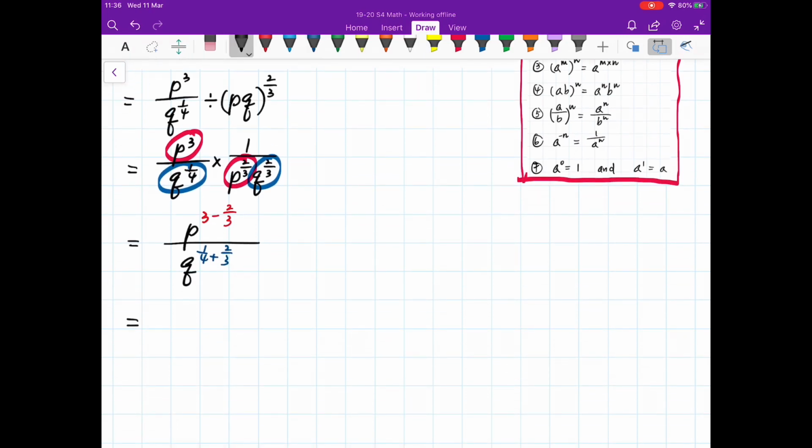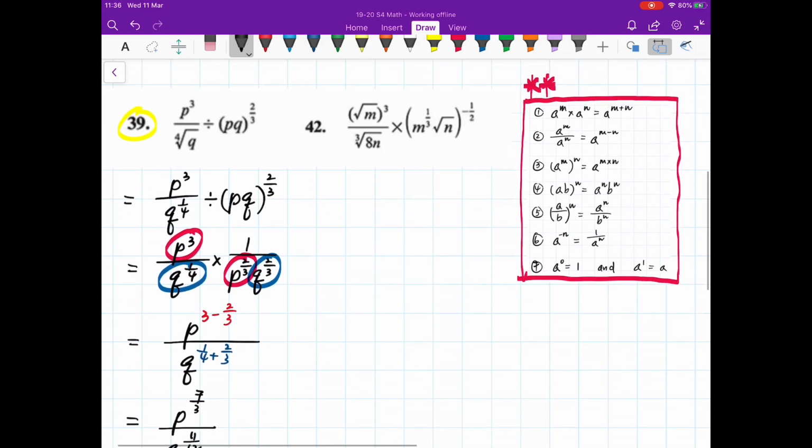And finally, we have p to the power 7 over 3 over q to the power 11 over 12. And check, all the powers are positive, so that means it is the final answer.